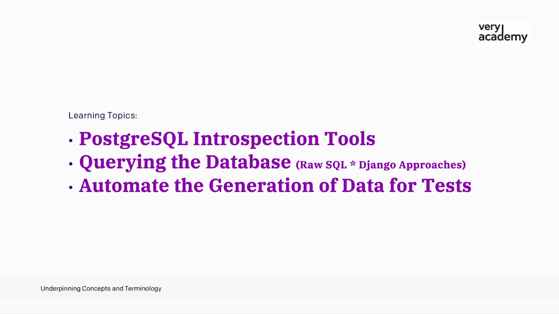You may have already seen that in the next module, we are going to start to actually insert data into the database. Well, when building structural tests on the database, we are going to need to query the database. So we will start to learn, in this module, how to create raw SQL or use Django approaches to interact with the database so that we can test certain parts of our database and check that it meets our application or database requirements.